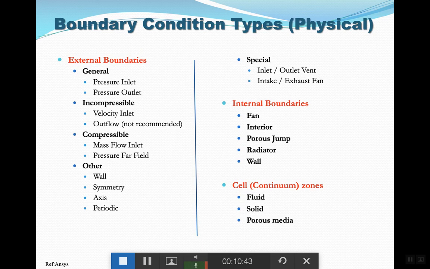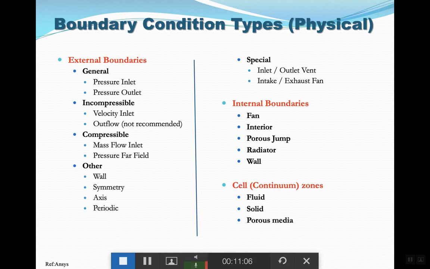There are three major categories of boundary conditions when we define them in terms of their physics. One is external boundary conditions, the second is internal boundary conditions, and the third is cell zones or continuum boundary conditions.